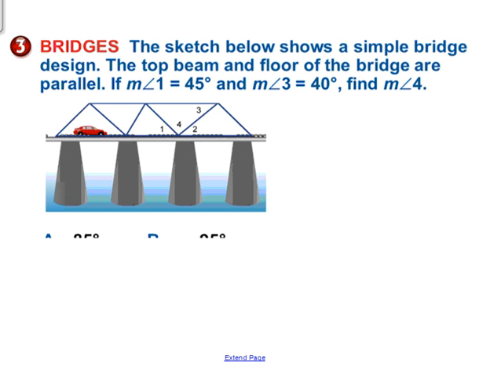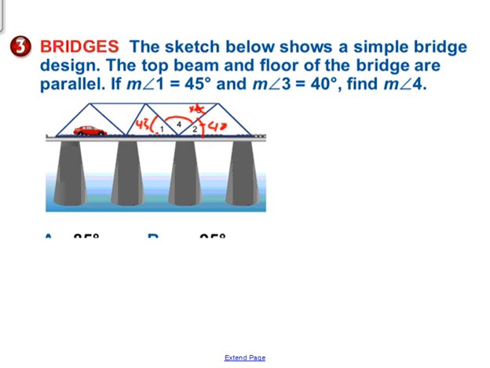Similar problem here. We're going to be asked to find the value of angle 4. We know that angle 1 is 45. We know that angle 3 is 40. We also know that angle 3 and angle 2 are the same. These two angles are measured the same, so this must be 40.